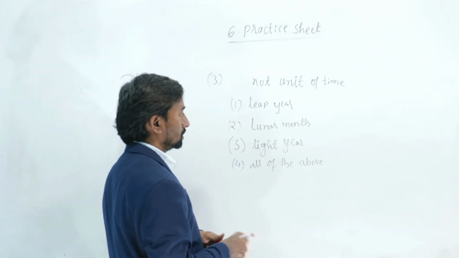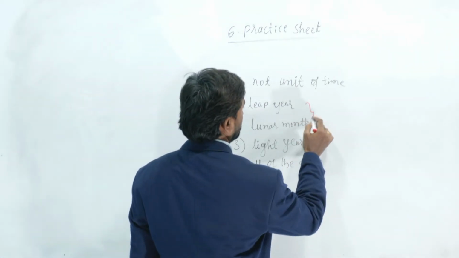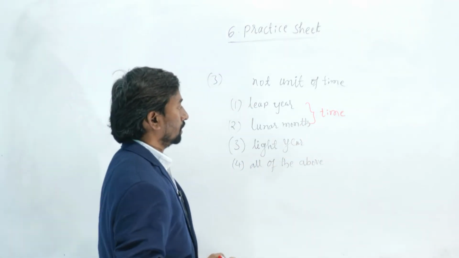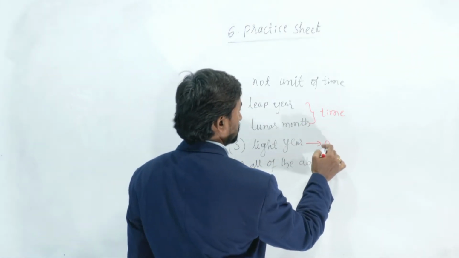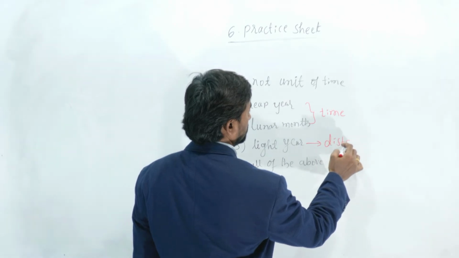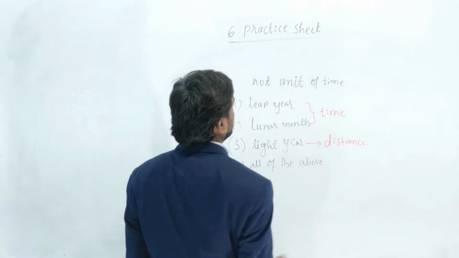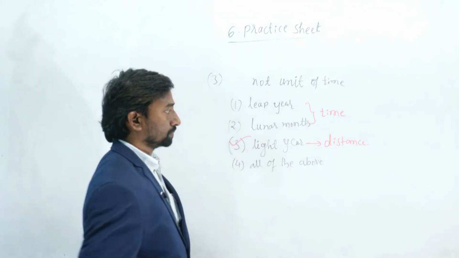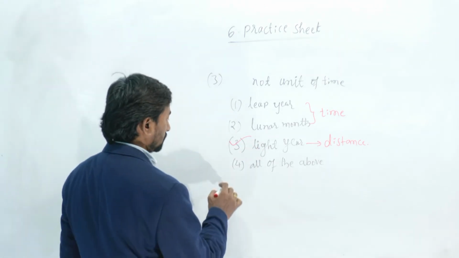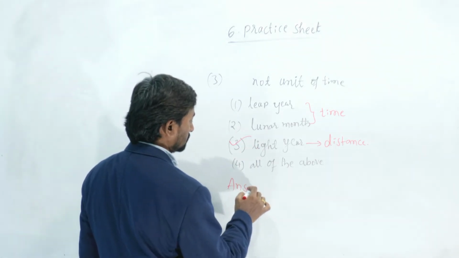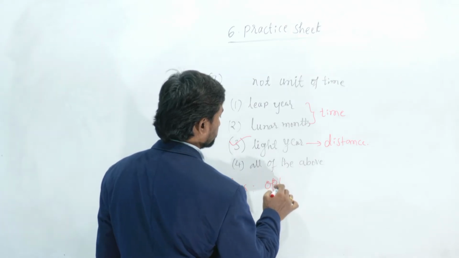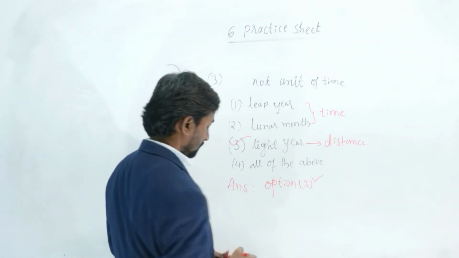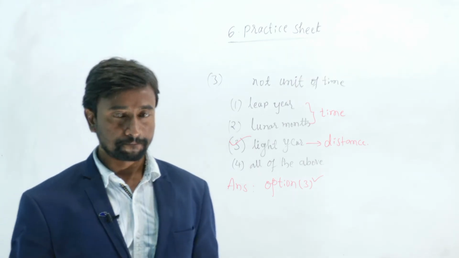So these two are related to time, and this one is related to distance. So now, they asked which is not a unit of time, so the correct answer is this one. Okay. So now the answer is option 3, option 3 is the correct one.